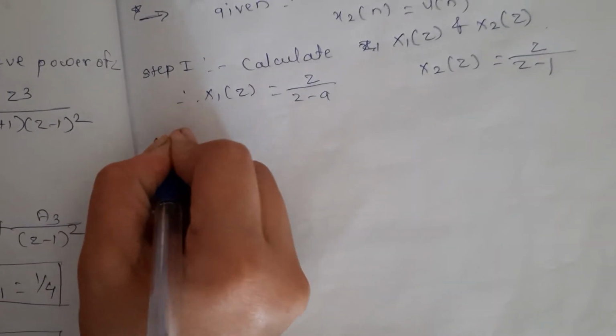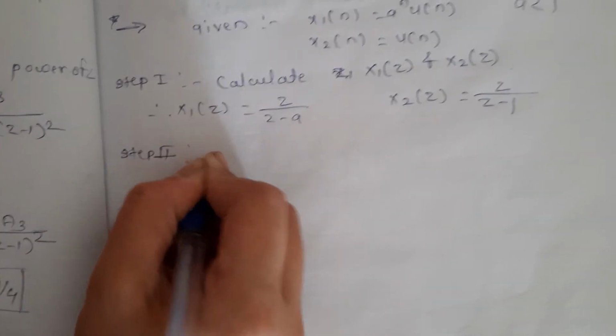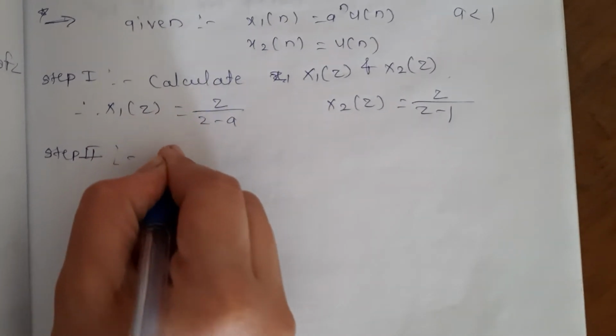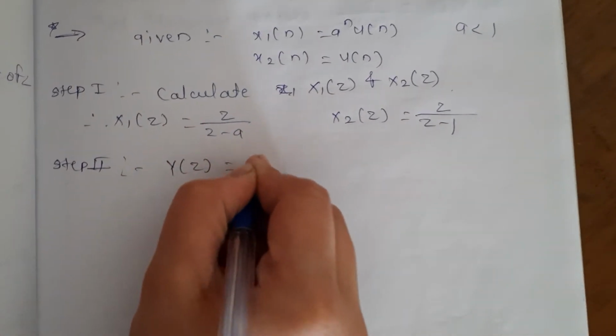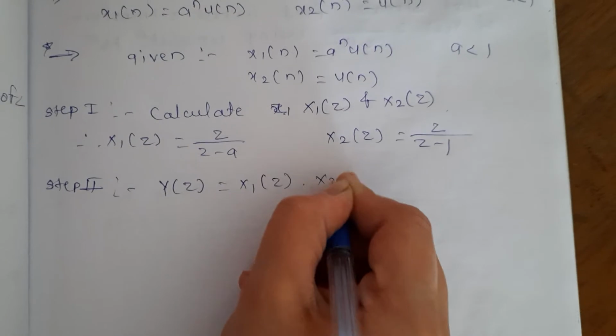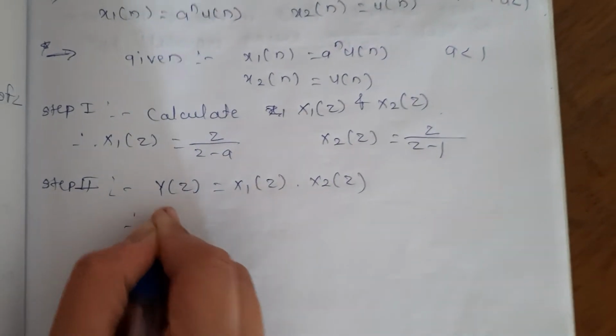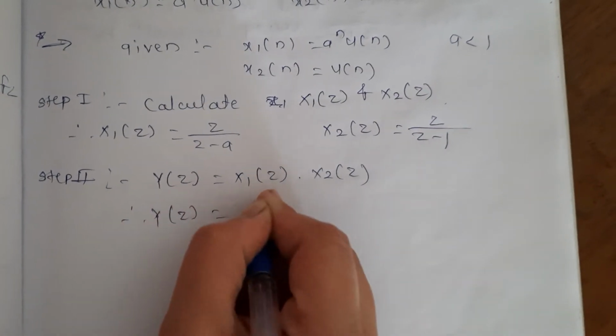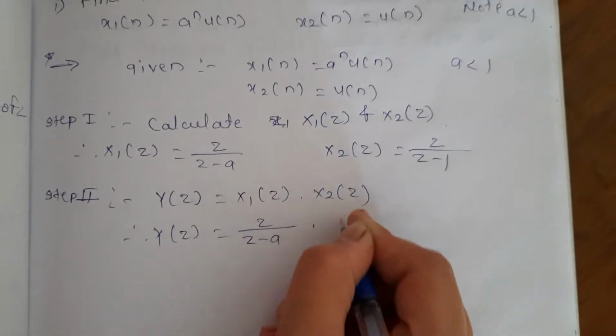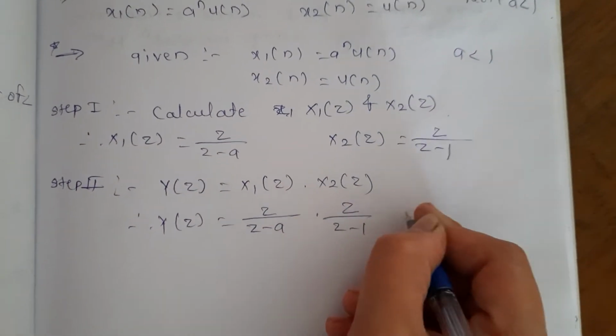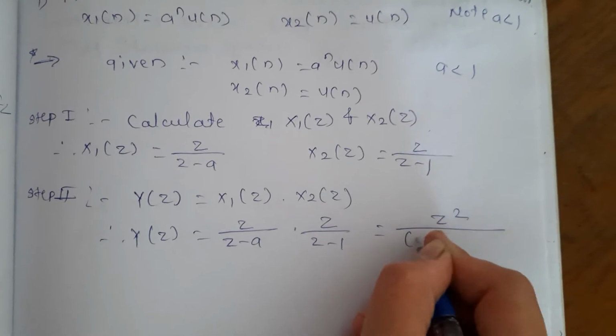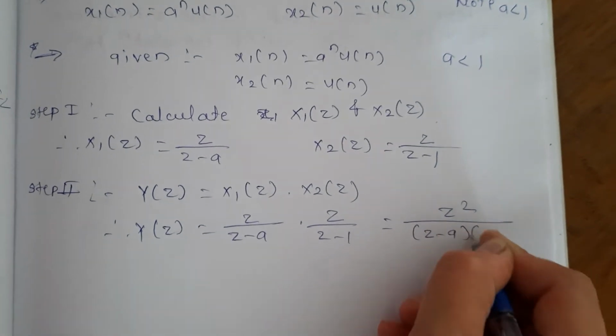Now step 2: Y(z) is equal to the product, so we write here z/(z - a) into z/(z - 1). This is z squared divided by (z - a)(z - 1).